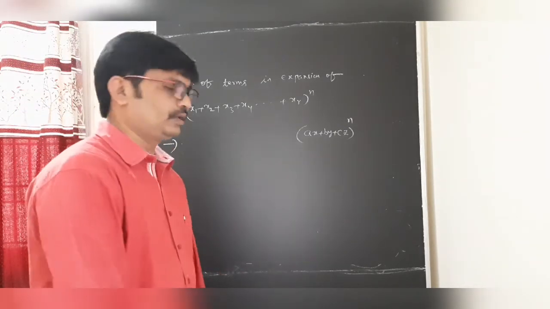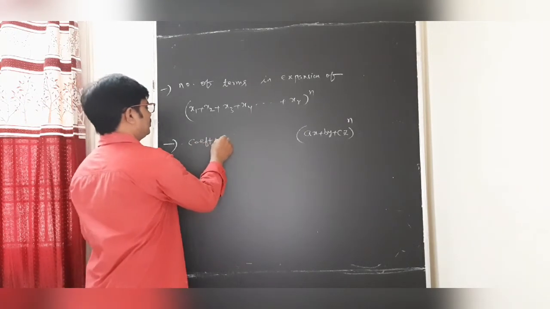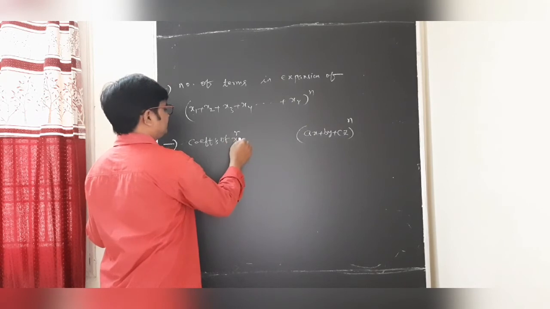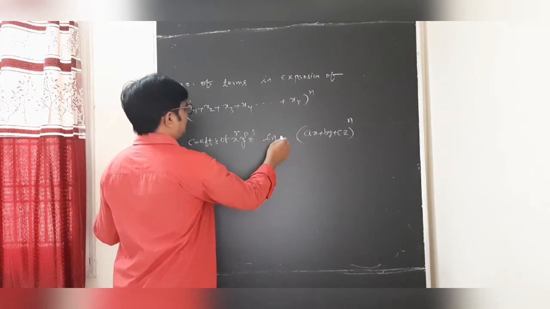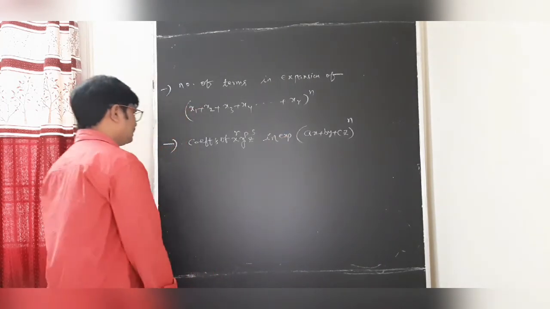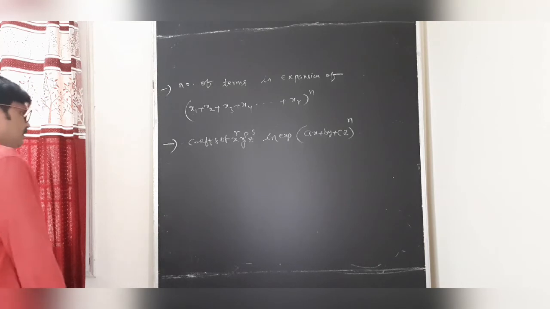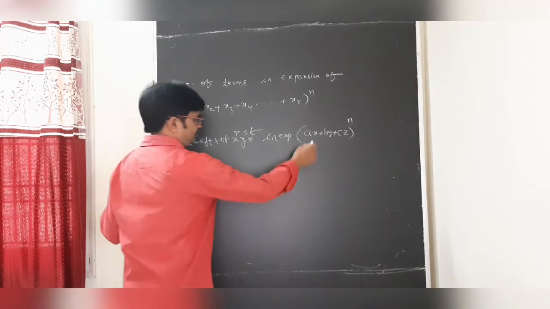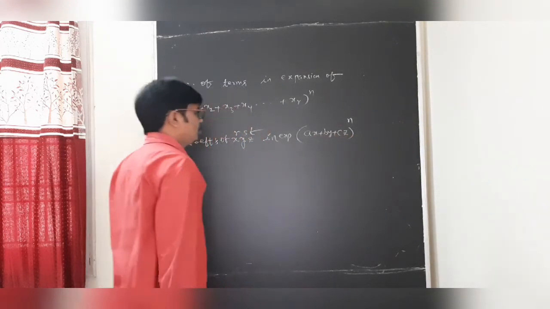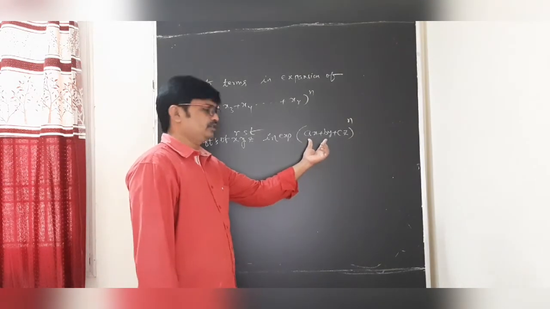So for ax plus by plus cz, there is a shortcut method, students, for the coefficient of x power r, y power s and z power t in the expansion of ax plus by plus cz whole power n.